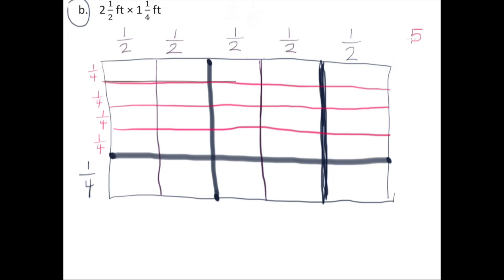We've rewritten 2 1/2 as 5 halves. 5 halves is the improper fraction form of 2 1/2 because within 2 1/2 we find 1, 2, 3, 4, 5 halves. Okay, cool. And then let's look at our fourths here. Within 1 1/4, remember we had 1 whole and 1/4. Within 1 1/4 we find 1, 2, 3, 4, 5 fourths.